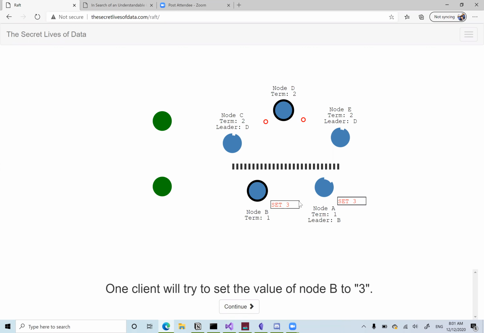But it has got the vote from only 2 nodes. So basically, to elect a leader we need a quorum, and also to commit a value we need a quorum, right? Now we already have a leader, but to commit this value 3 we needed a quorum, and it will get a vote only from one of the nodes, right? So it has only 2 votes. That's why this value will not be committed. So this set 3 will be left in uncommitted state.